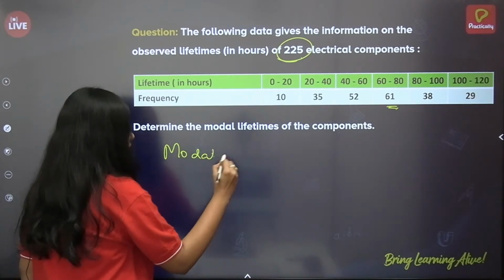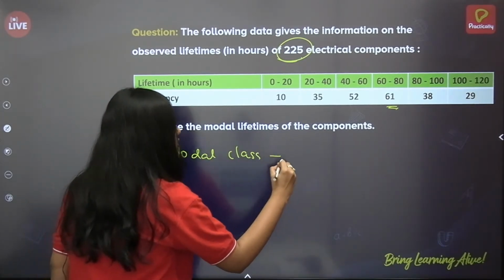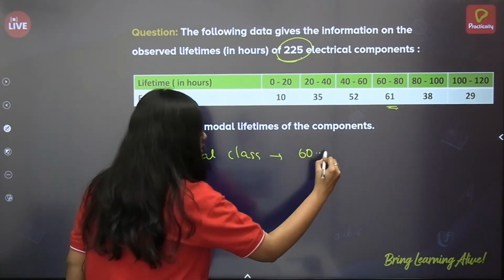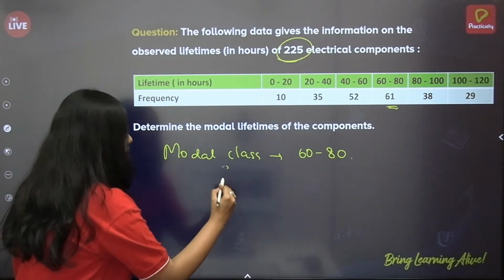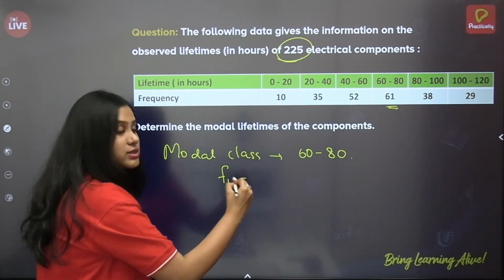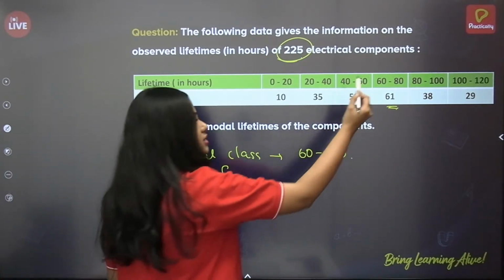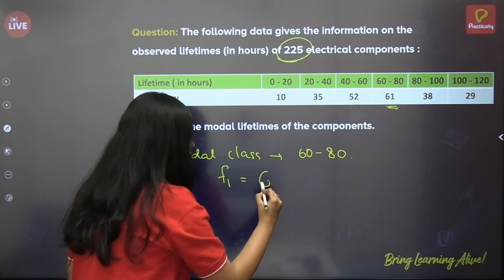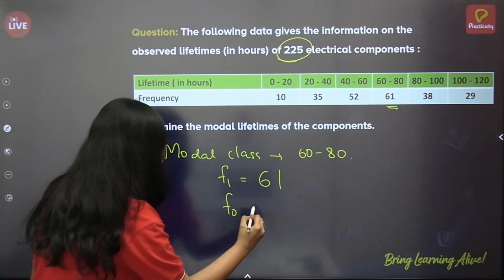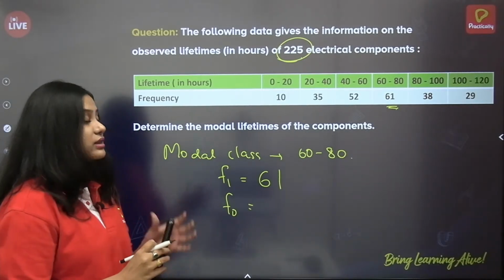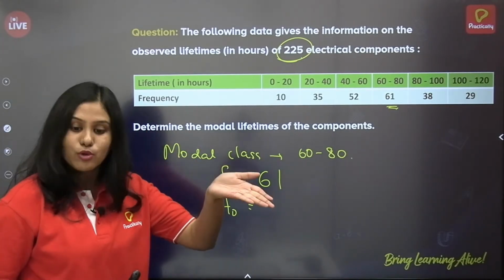So modal class is 60 to 80. And what is F1? F1 is nothing but the frequency of the modal class. What is the frequency of the modal class? 61. F0, what is F0? F0 is the frequency preceding the modal class.